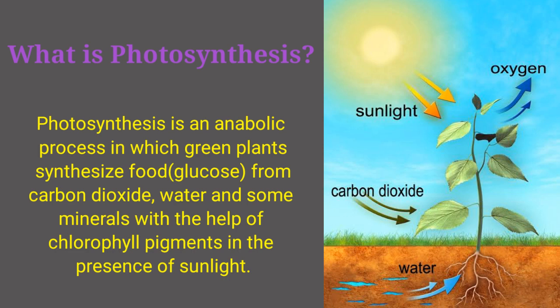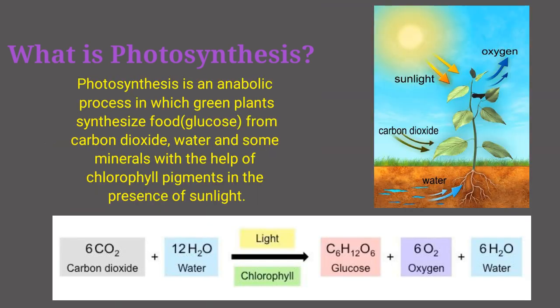And this chemical reaction seems to be a very simple equation: 6 molecules of carbon dioxide and 12 molecules of water are required in the presence of light and chlorophyll pigment, and with this it makes a chemical substance called C6H12O6, that we know as the glucose molecule, and along with that 6 molecules of water and 6 molecules of oxygen are produced in the whole process.